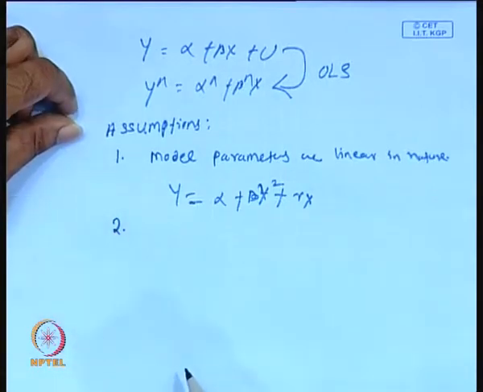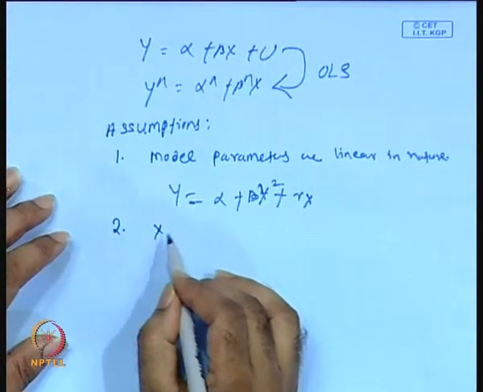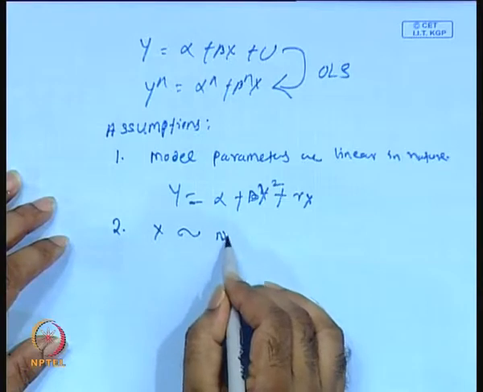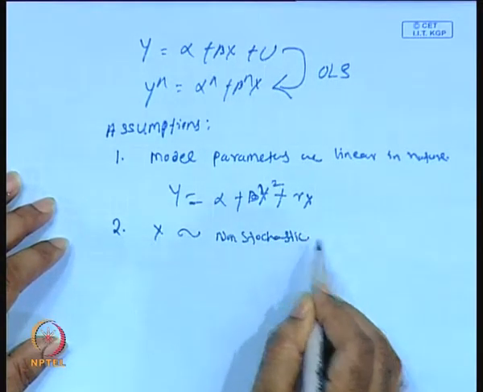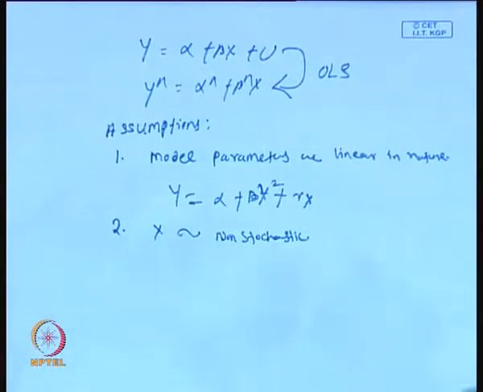Okay. Second, x should be non-stochastic. In fact, last class I discussed that it should be random in nature. That means some kind of probability may be involved in this process, because we are hoping that this is the expected relationship and expected equation.